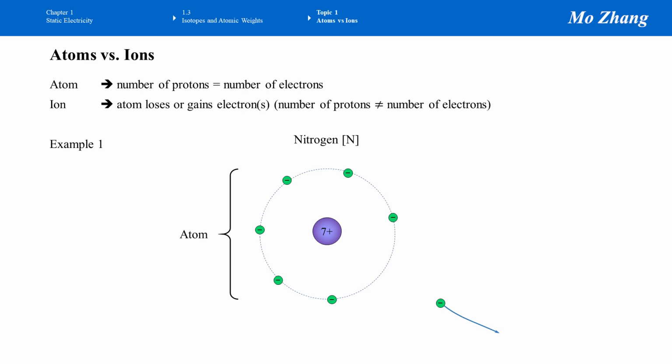With 6 electrons left, the number of protons is 7, so the number of electrons is not the same as the number of protons. It's less. This is an ion. The entire system has more protons. It's more positive, so this ion is called a cation. So cation means an ion carries positive charge.